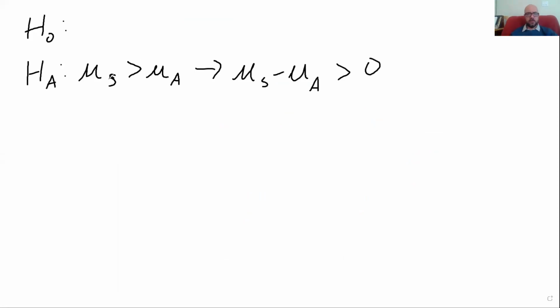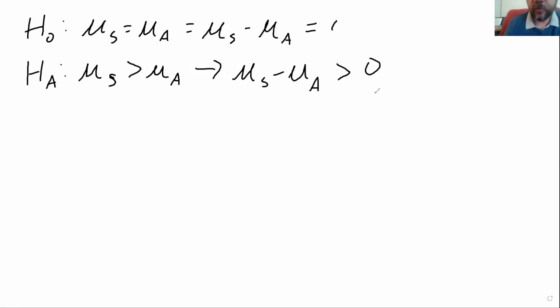Mu sub S is mu for Swedish men, mu sub A is mu for American men. So this is my alternative hypothesis, and my null hypothesis is that they're equal. Mu sub S equals mu sub A, which you can also write as mu sub S minus mu sub A equals 0.